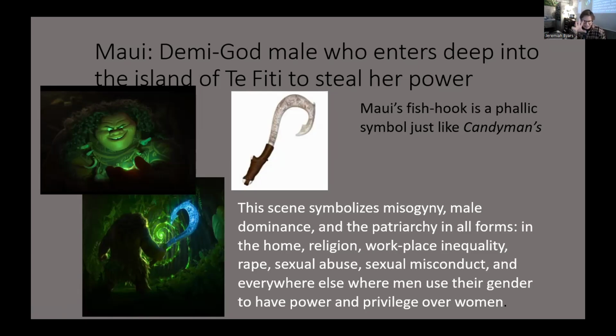Misogyny, male dominance, the patriarchy in all of its forms: in the home, religion, workplace inequality, rape, sexual abuse, sexual misconduct, and everywhere else where men use their gender to have power and privilege over women. He is abusing her. This is a scene of abuse.